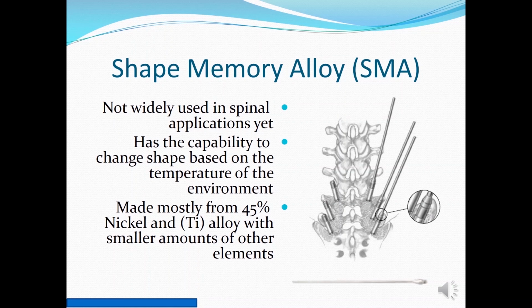You manufacture it in the shape you want, and when you put it at human body temperature, it regains its original shape. So if you are using it for correcting spinal deformity, it comes in an S shape if you are dealing with scoliosis. Then you straighten it outside the body and correct it, put it in.